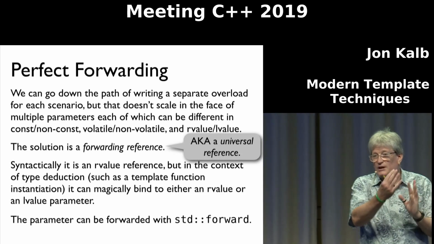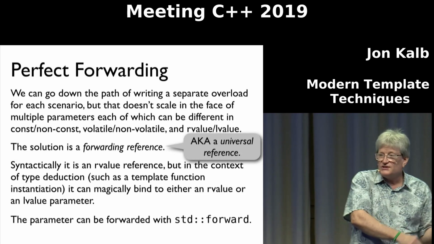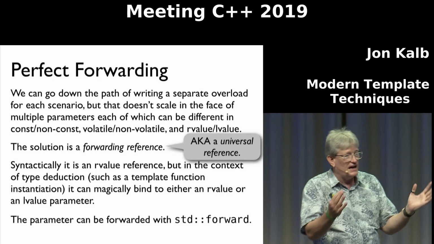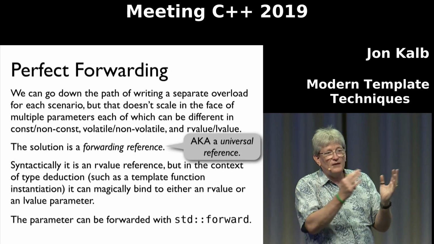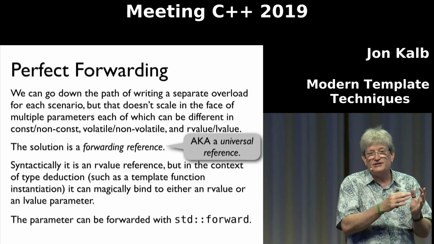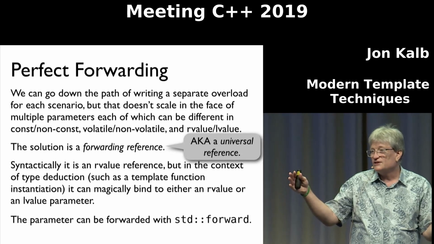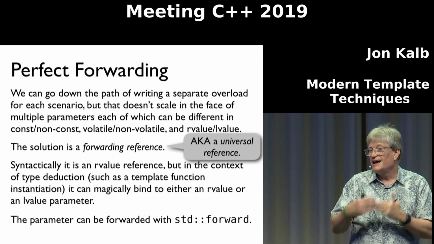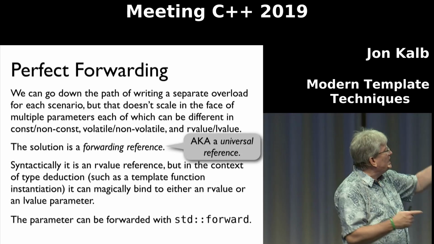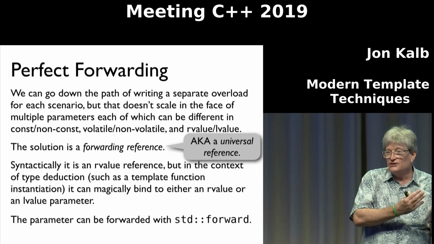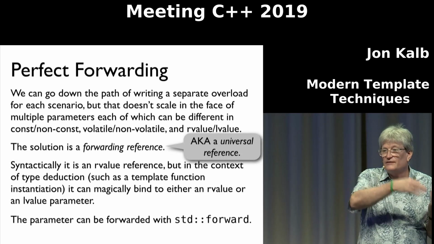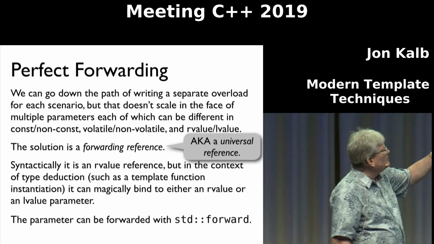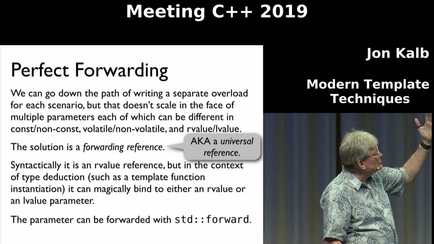And when you have references to references, we have special reference collapsing rules, and the reference collapsing rules say that the only time we get an R value reference when we collapse is if all of the references are R value references, because otherwise it's not safe to move from. So we don't want to get an R value reference if there's an L value reference in there. So in type deduction, we can deduce an L value reference and then have an R value reference to it, and that means it's an L value reference. So that's why the forwarding reference or the universal reference can bind to everything.